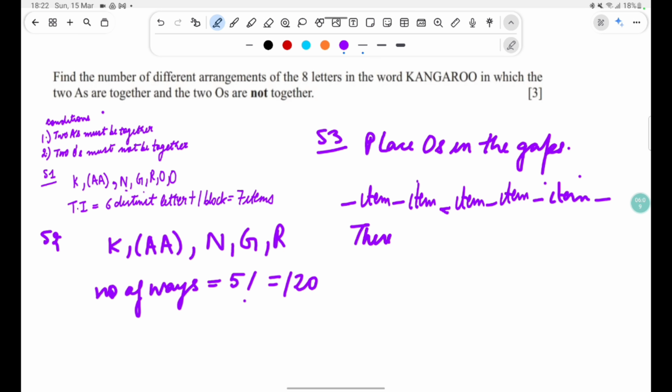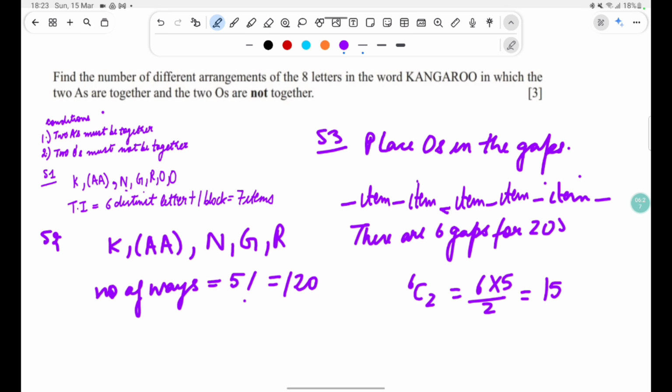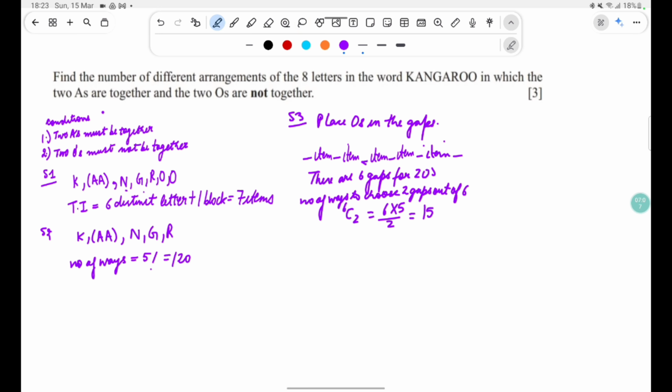There are 6 gaps for two O's. Now, the number of ways to choose 2 gaps out of 6 will be 6C2, which is 6 into 5 by 2, which is 15. Next is our step 4, in which I'll combine the total arrangements.